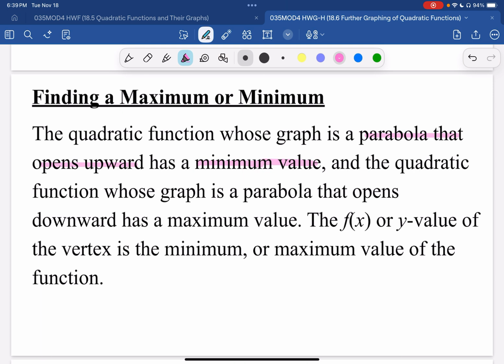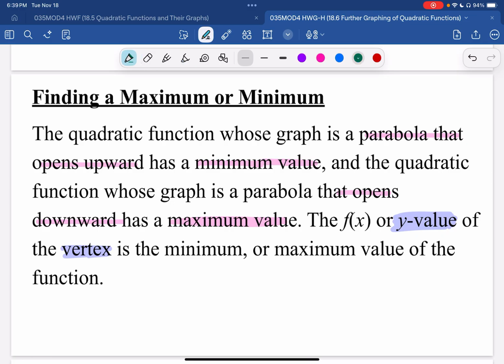If the parabola opens downward, then it's going to have a maximum value. Those values are going to be where the maximum or the minimum occur. And so if we're trying to find the max or the minimum, we can use the vertex, but specifically, we want to use the y value of the vertex.